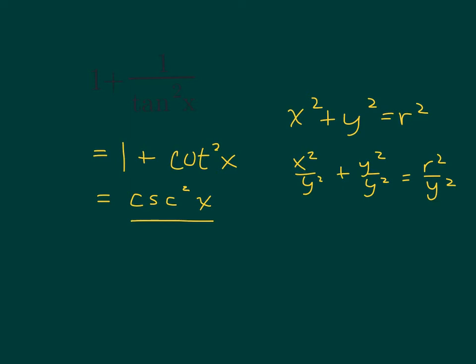But x squared over y squared, we know, is equal to cotangent squared. And then y squared over y squared is 1. And then r squared over y squared, we know that y over r is sine. So r over y would be cosecant, and r squared over y squared is cosecant squared. So we can think about those identities and just kind of recall them without having to memorize them.